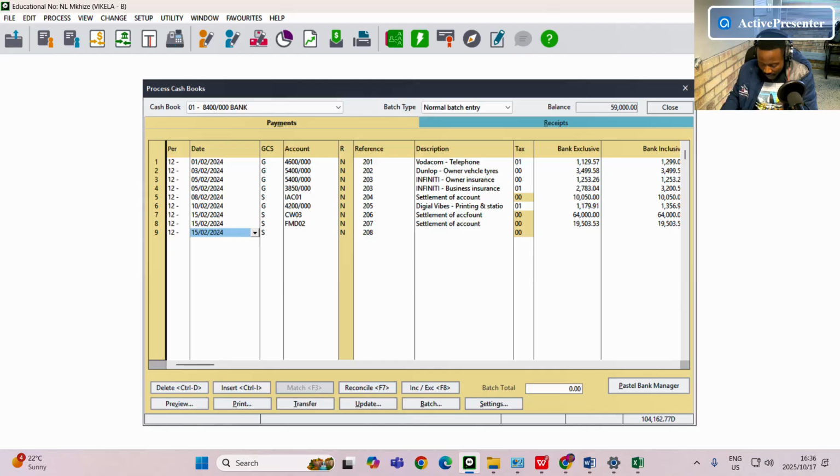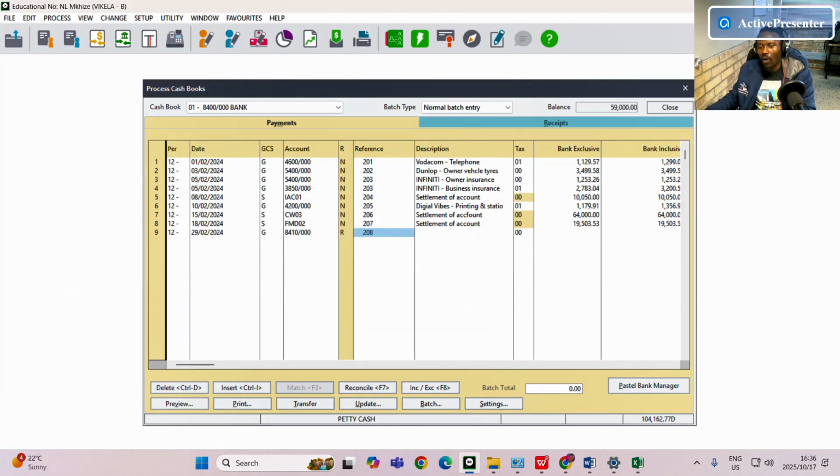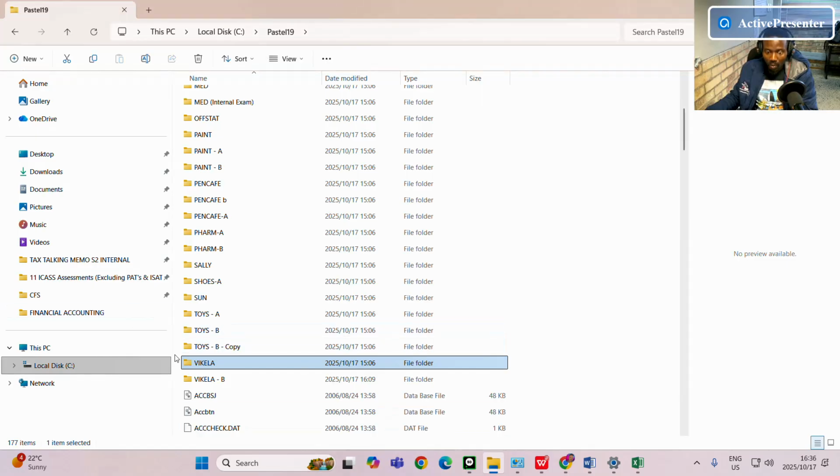And then it says restore petty cash imprest amount. This is the 29th. Oh, sorry, I need to fix the date here. It's the 18th. Right. So it's restore petty cash imprest amount. It's G because I need to choose the petty cash account. Here's the petty cash. What I need to do here is actually open your invoice.